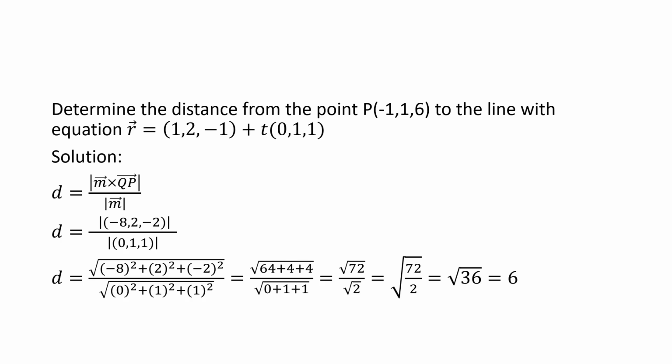In other words, the magnitude of the vector negative 8, 2, negative 2 divided by the magnitude of the vector 0, 1, 1. So we end up ultimately with root 72 over root 2, which is equal to root 36, which is equal to 6. So the distance from that point to that line is 6 units.